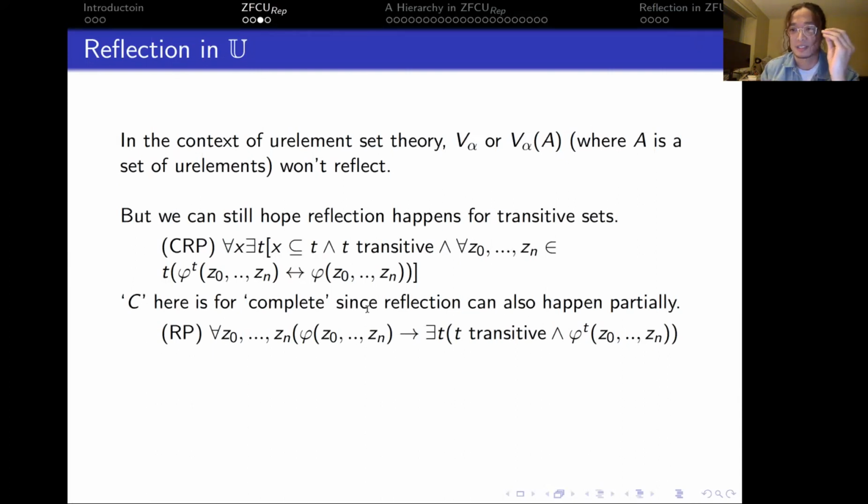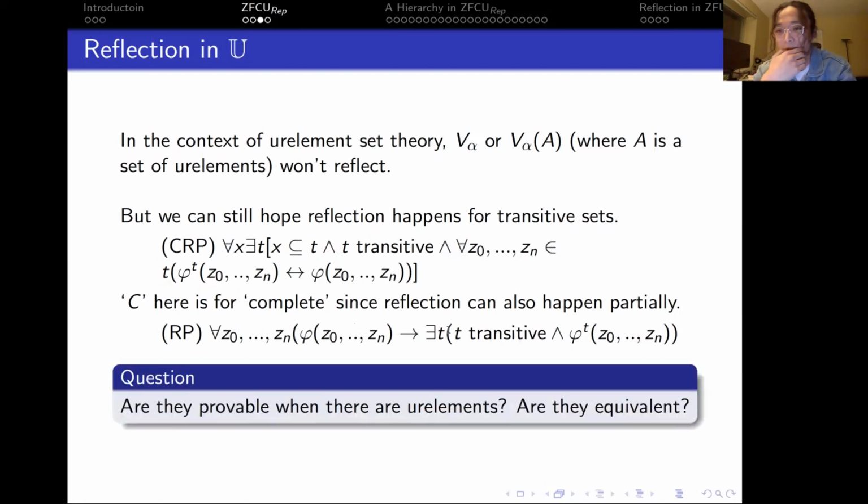We can also have a partial reflection principle, which says that whatever is true is already true in some transitive set. So we can ask the following questions: are they provable when there are Ward elements, or are these two forms of reflection equivalent?